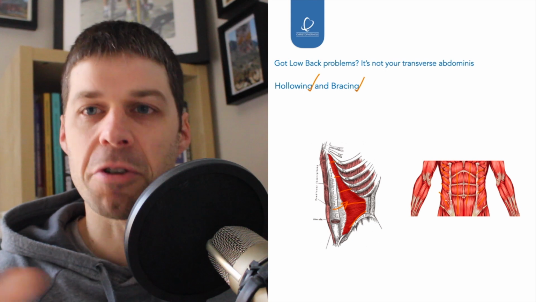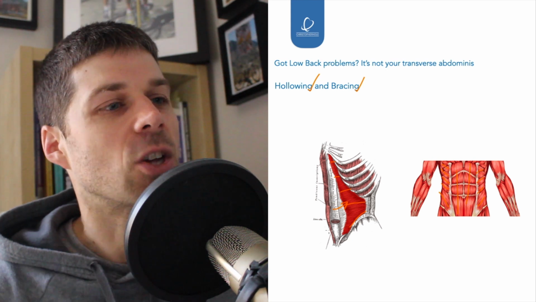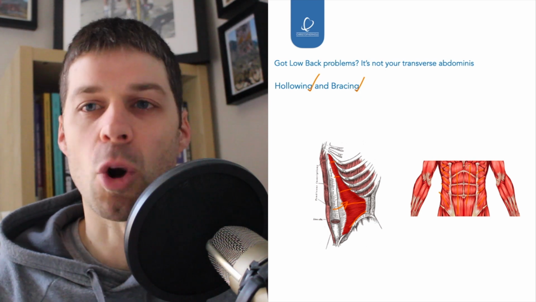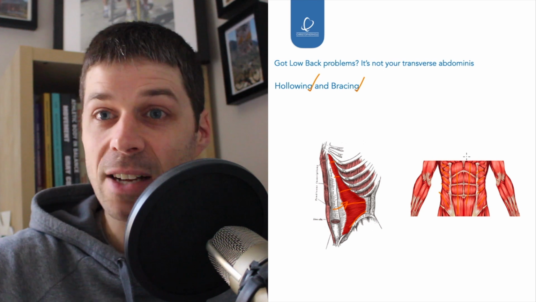So there are a lot of different muscles to be called upon. If we are just focusing on transverse abdominis, which in some respects is a bit of a pointless thing to do, then we're going to be missing out on proper spine stability. And I'm going to add more about spine stability in the next slide.